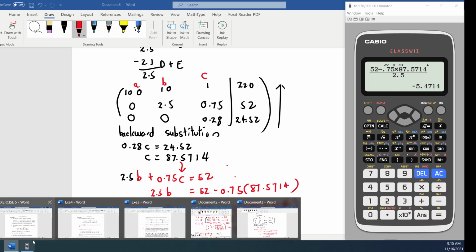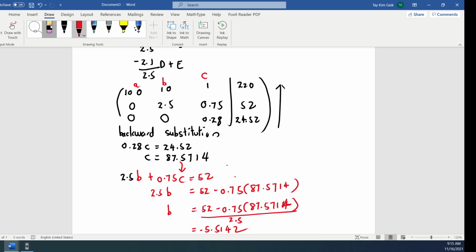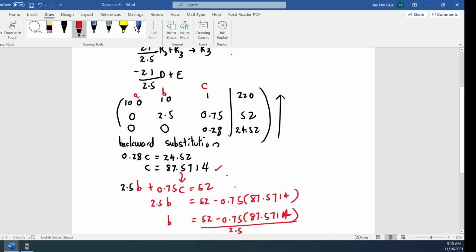So check with this one. Yeah, correct: negative 5.4714. So we have checked that this tallies with the exact solution, where we key in directly the original system.